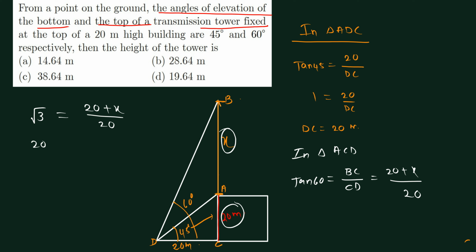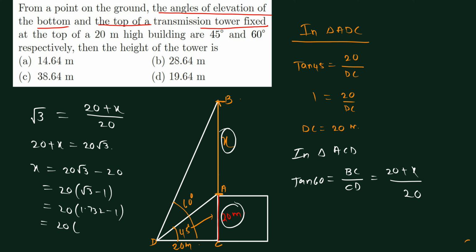So we can write this as 20 plus x equal to 20 into root 3, which is 20 root 3. Then x equal to 20 root 3 minus 20. Take 20 common: root 3 minus 1. That is 1.732 minus 1, so that is 0.732.